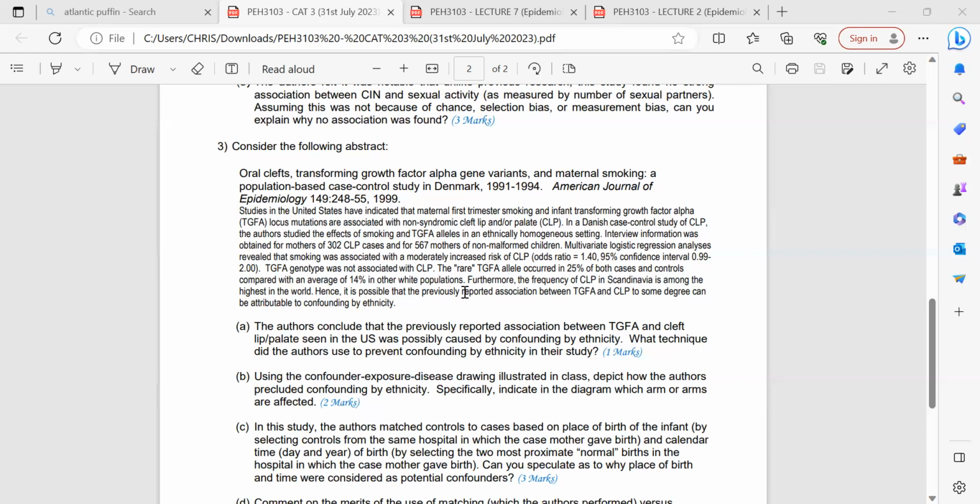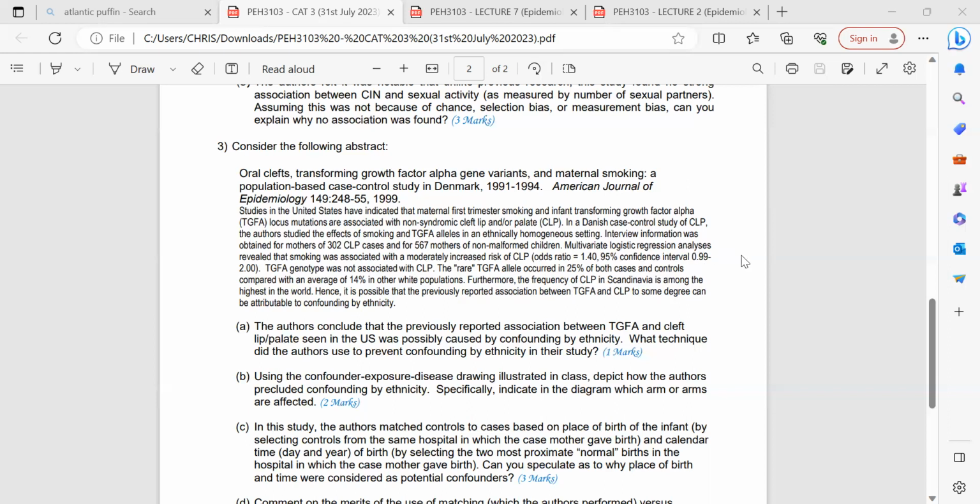In a Danish case control study of CLP, cleft lip and palate, the authors studied the effect of smoking and the TGFA alleles in an ethnically homogeneous setting. Interview information was obtained for the mothers of 302 cleft lip and palate cases, and for 567 mothers of non-malformed children. So these are controls, these are the cases.